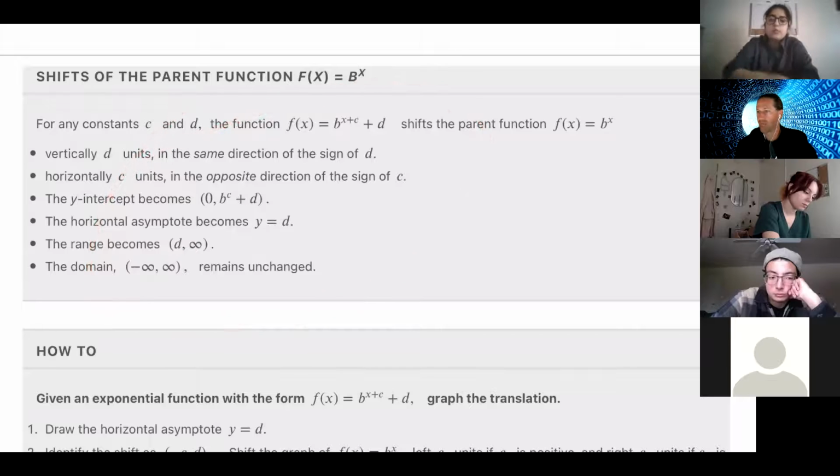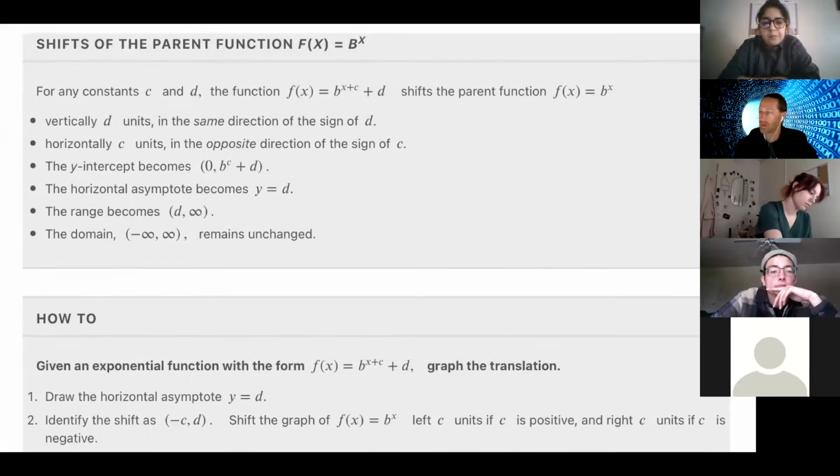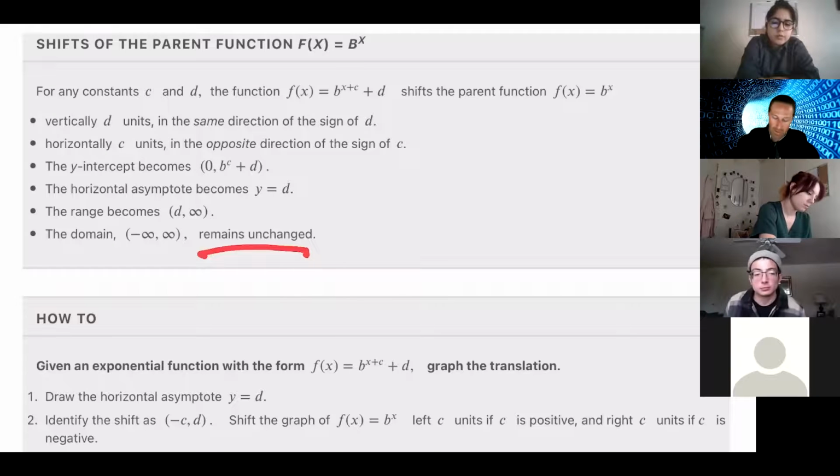If you wanted to grab a photo of this, this is all off of the ebook. If you guys wanted to check that out, whether it's through the app or the web. Okay? And if we move our entire graph left, right, up, down, that is also obviously going to change our domain and range. What's not actually going to change, though, is the domain. How come?